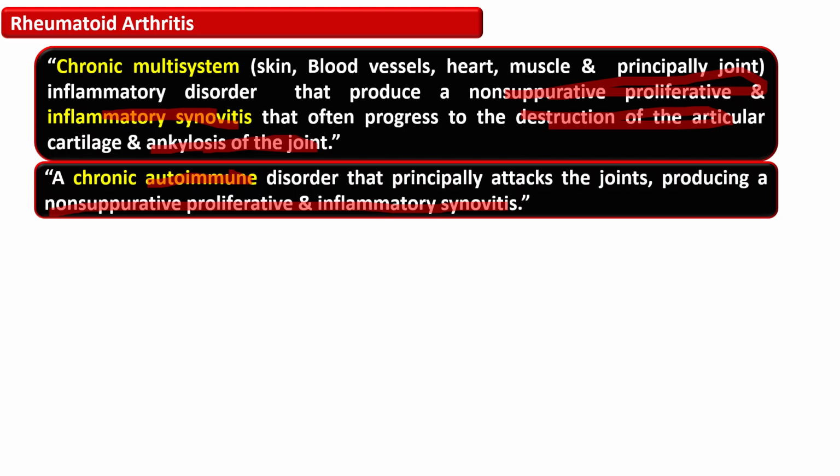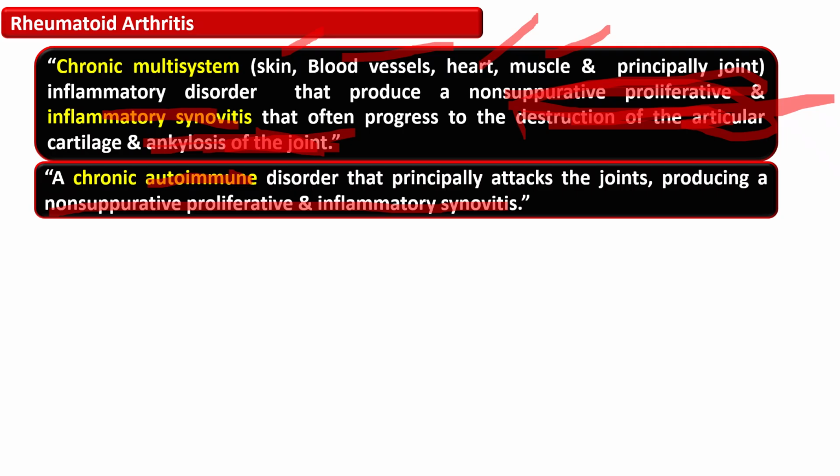The characteristic joint lesions of rheumatoid arthritis are destruction of the articular cartilage and ankylosis of the joint. The extra-articular lesions are present in the skin, blood vessel, heart, muscle, and lung.